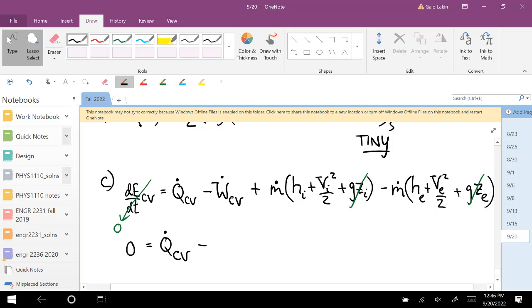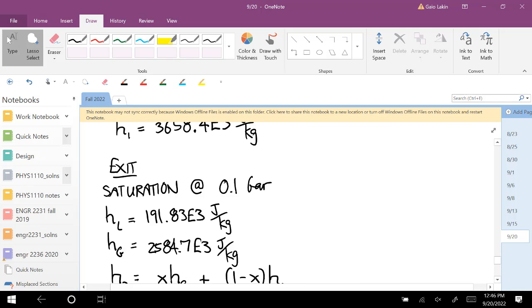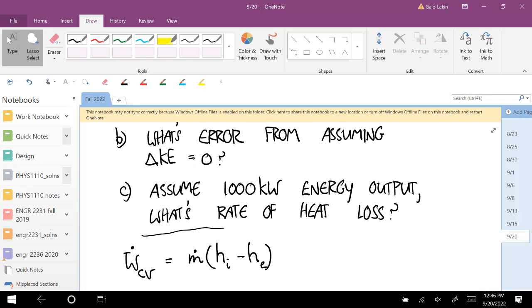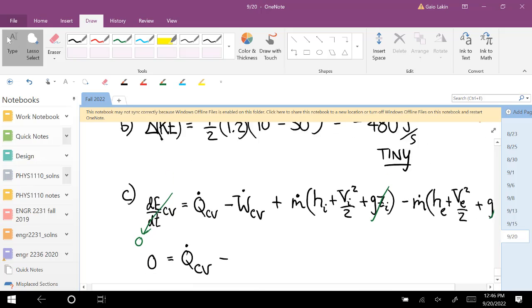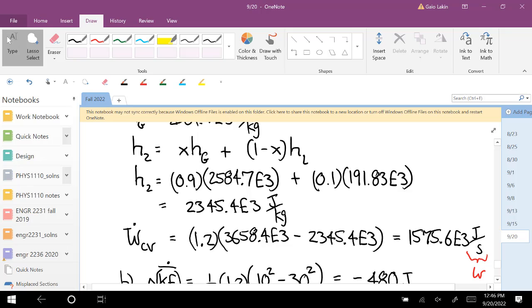Remember what the question said: with some major assumptions, we calculated that the turbine is generating 1575 times 10 to the third watts. But now we can actually measure the watts coming out of it, and it's 1,000 times 10 to the third. So let's plug that in for the work and calculate what the heat loss is.